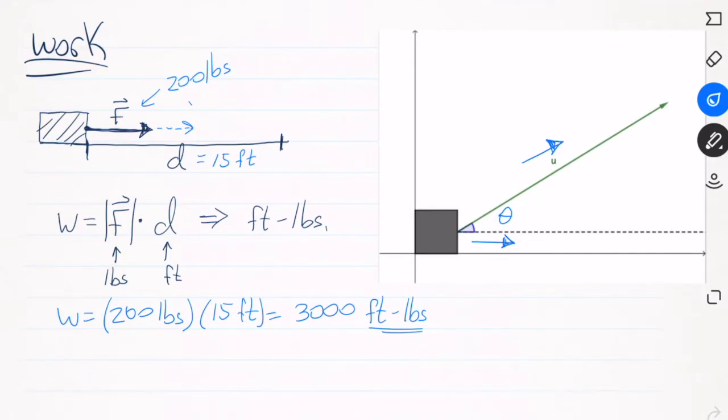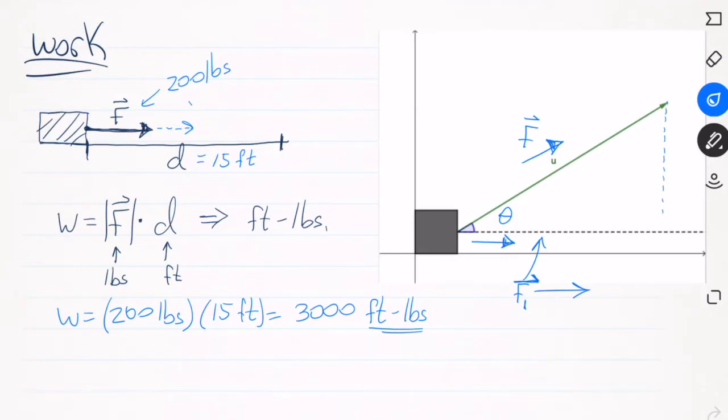So one way to take care of that is to call this one the force vector. And then we can call this one down here the applied force vector, what's really going in the same direction as the object is also moving. So I'm going to call that force vector 1. And to get to the direction that I need to move this in, to keep it parallel with the direction, we're going to do a projection.